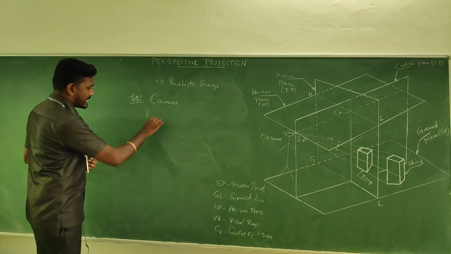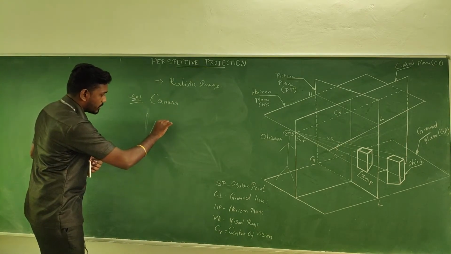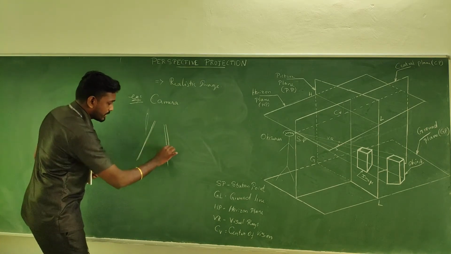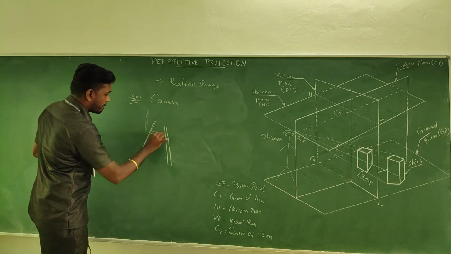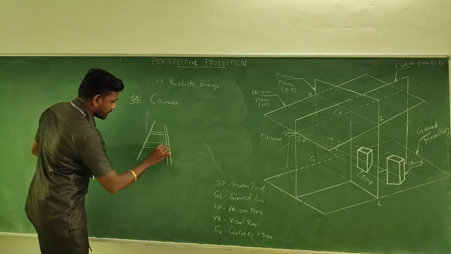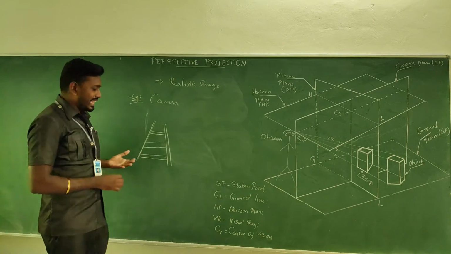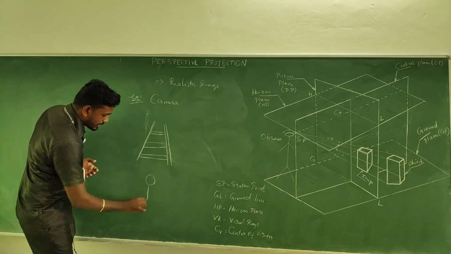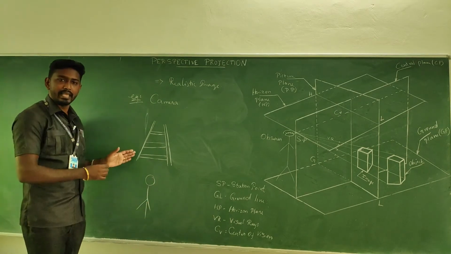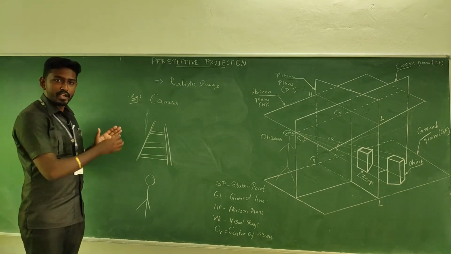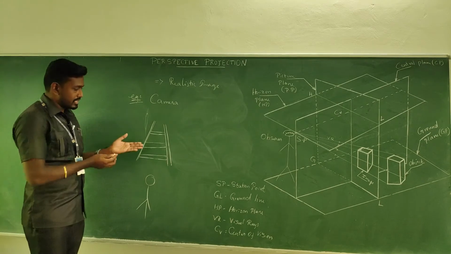For your understanding, I'm going to draw the diagram of a railway track. See, you're standing in front of the railway track and taking a picture. You get a view of the railway track something like this.